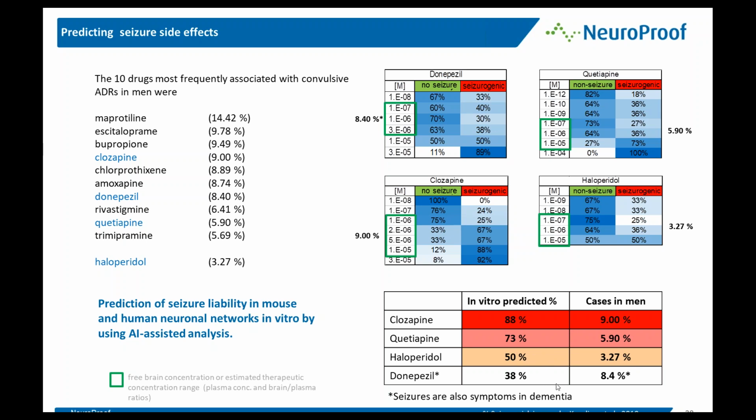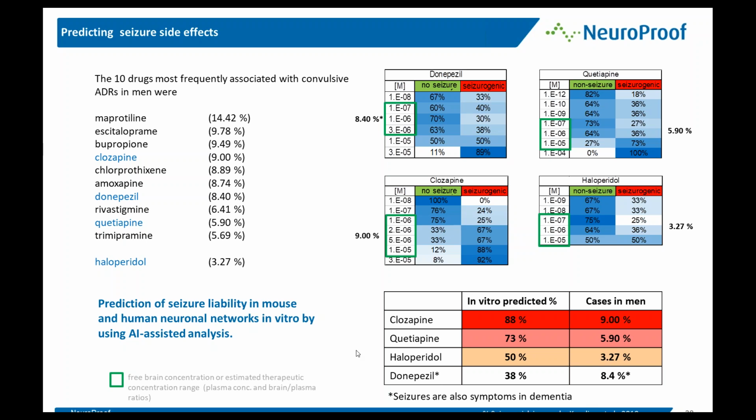Donepezil has a lack of seizure prediction, although there are seizures reported in men. But we should not forget that seizures are also symptoms in dementia, so it's difficult to split that apart.